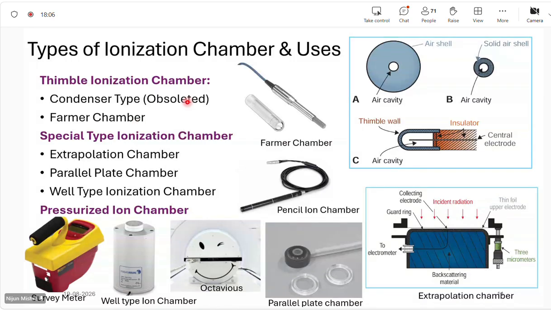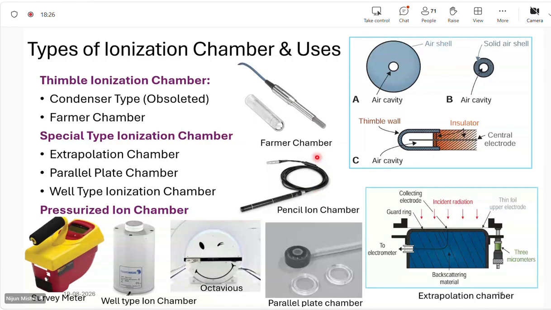This is the pencil ion chamber, which we normally use in CT dosimetry, for CTDI measurement. This one is a pressurized survey meter based ionization chamber.